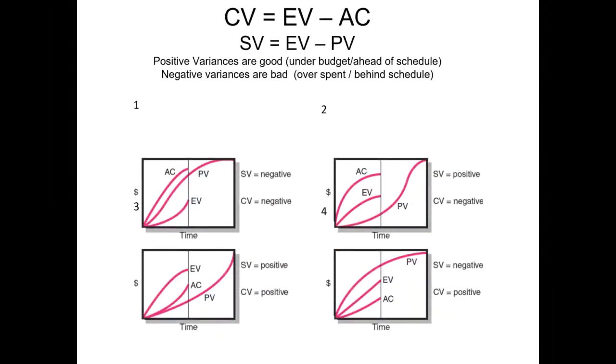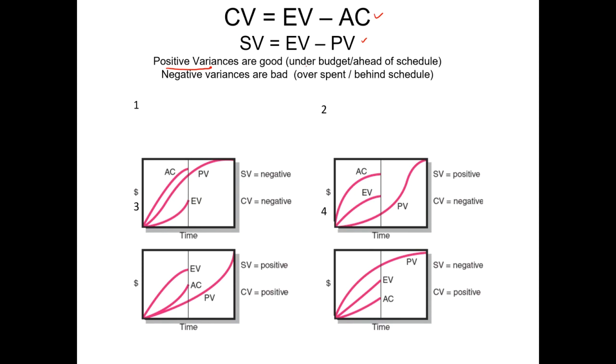So here we can see different sorts of earned value analysis charts being plotted. When we calculate the cost variance, we use this formula, which is earned value minus actual cost, and the schedule variance we calculate using this formula. The rule of thumb you have to remember is that if the answer is positive, it is good news.